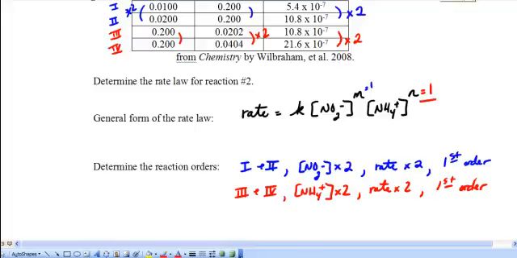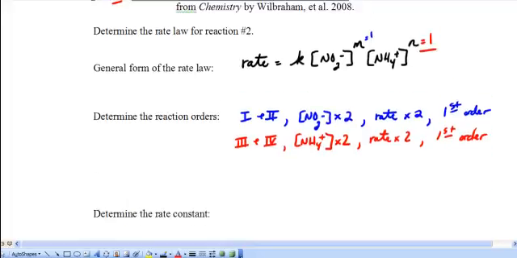So therefore we can write this out as rate equals K times nitrite concentration raised to the first power, of course we just leave it off, times the ammonium raised to the first power, which you can just leave blank.